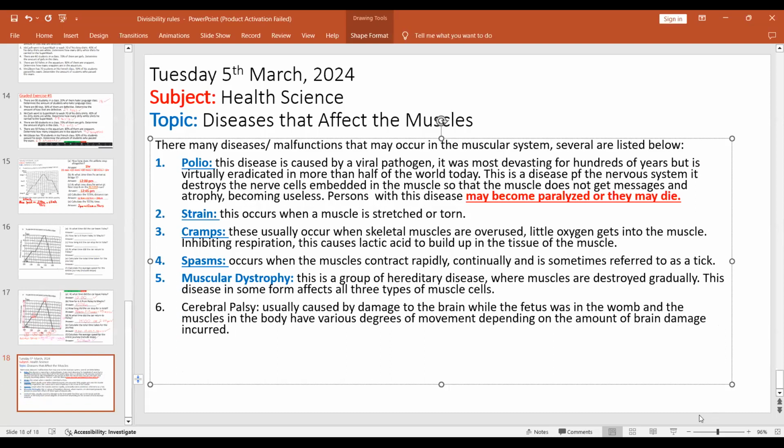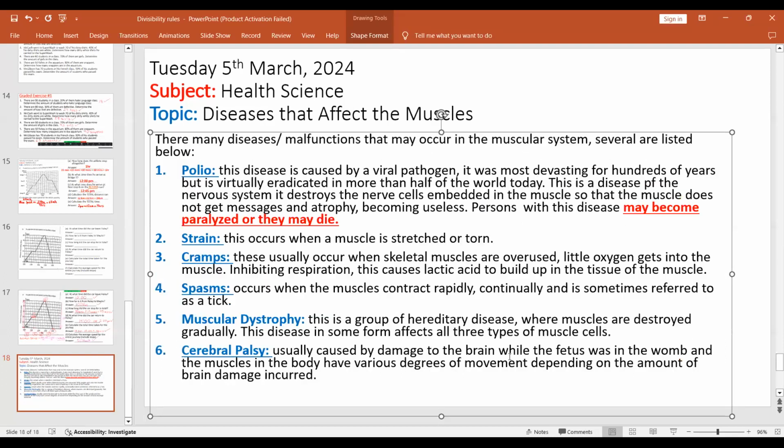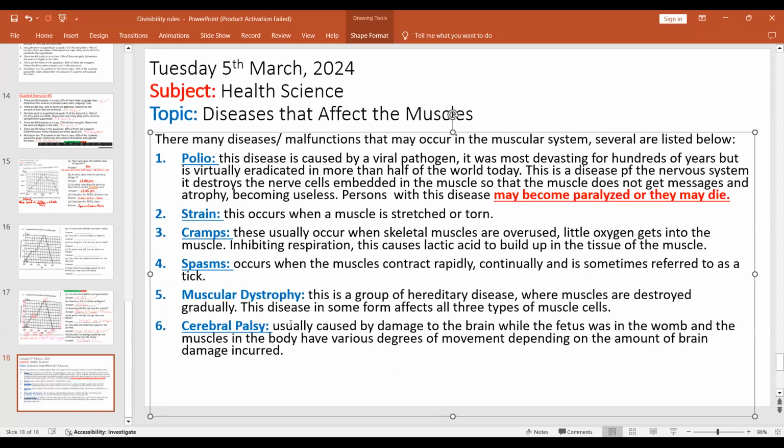So basically, your brain from your womb was damaged, and your brain controls different parts of the muscles. And so with your brain being compromised, your body does not function in the right way. So with cerebral palsy, you have limited range of motion, right? It's just like polio, just like muscular dystrophy.